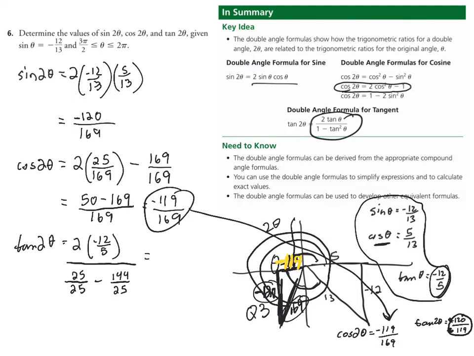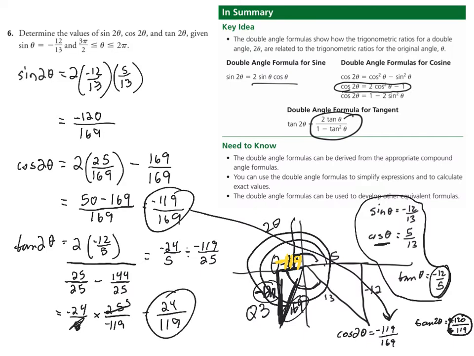So this is equal to negative 24 over 5 divided by 25 minus 144, so negative 119 over 25, which equals negative 24 over 5 times 25 over negative 119. This 25 can be a 5, it cancels with that. And this is equal to negative 24 over negative 119, which is 24 over 119.